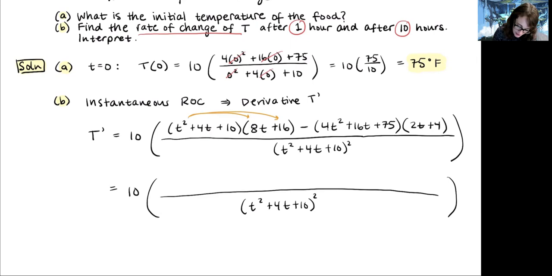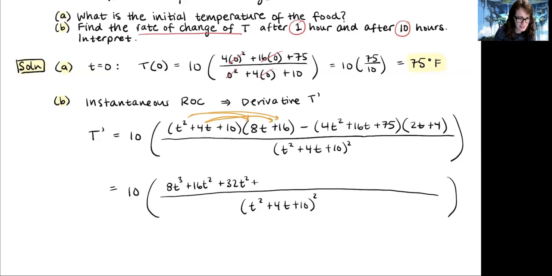So if we distribute the t squared into the 8t and the 16, we'll get 8t cubed plus 16t squared. Then we've got to distribute the 4t into the 8t and the 16. So that'll be plus 32t squared plus 16 times 4.